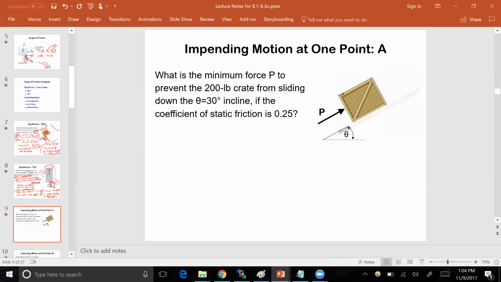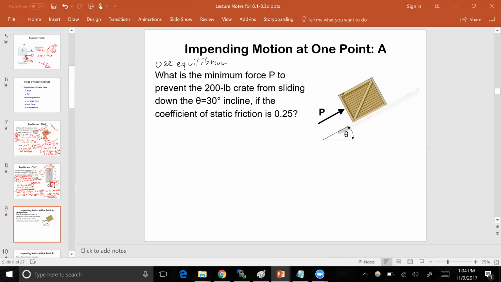So here's the question: what's the minimum force P to prevent the 200-pound crate from sliding down the 30-degree incline if the coefficient of static friction is 0.25? And again, with these kind of problems, these impending motion problems, we use the equilibrium equations.